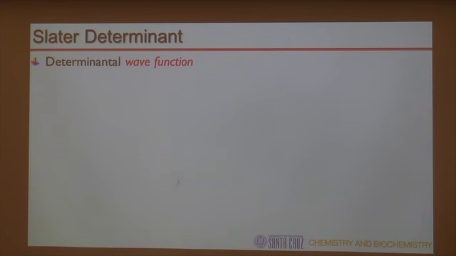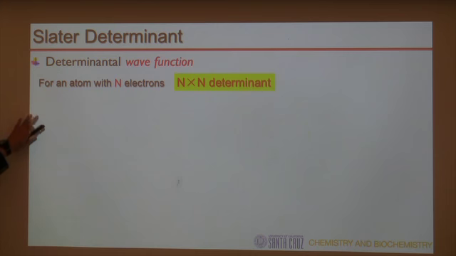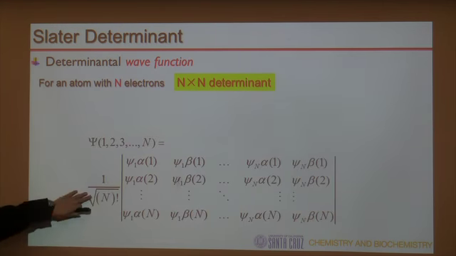It is necessary for us to know how to set up the Slater determinant. In general, for an atom with n electrons, your Slater determinant should be n times n in dimension. The general form is like this. Have you ever had linear algebra before? Not all of you, right?